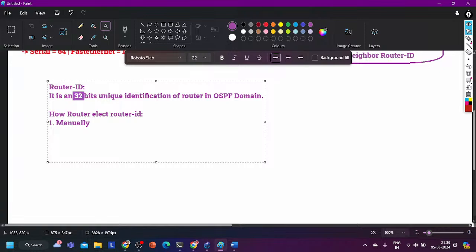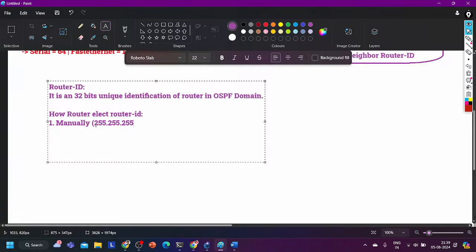So the representation of the router ID is in the format of an IPv4 address. So manually we can say your router ID is 1.1.1.1, or it can be 255.255.255.255, right? So from 0.0.0.0 to 255.255.255.255, any router ID you can configure on the router manually.